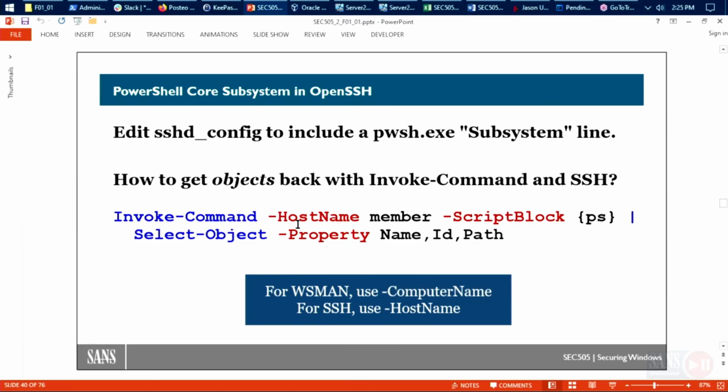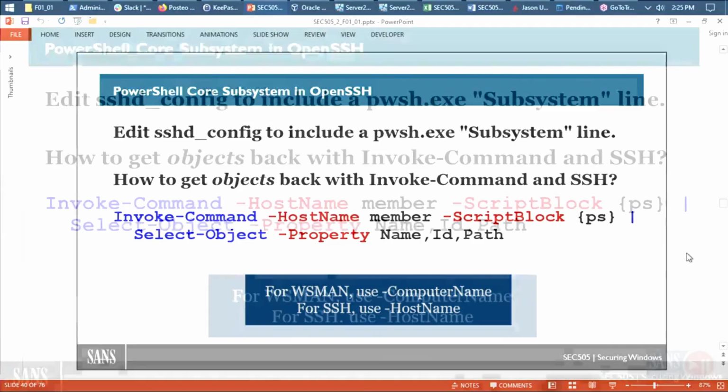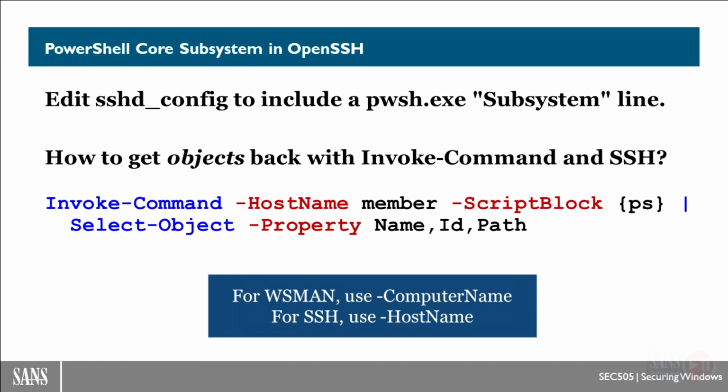Now, on the other hand, when you want to connect and use SSH and talk to the so-called SSH subsystem for PowerShell at the remote machine, you don't use -ComputerName, you use -HostName. It's a subtle difference. It's so easy to forget this. But when you connect with -ComputerName, you're going to use the WSMan protocol to talk to the WinRM service.